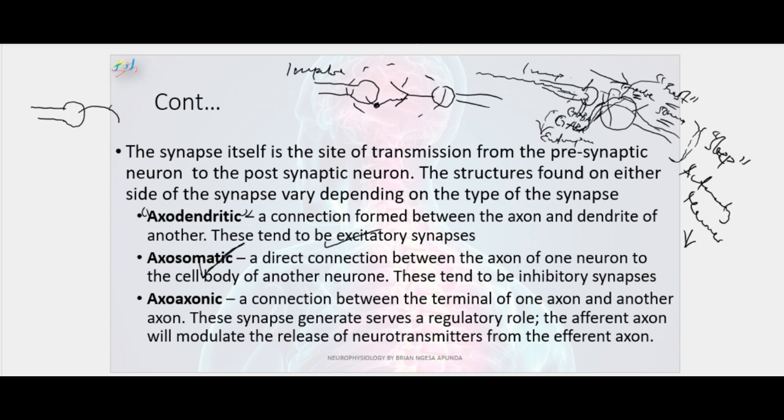So at the axonal end, there's an impulse releasing a neurotransmitter. Let's talk of any neurotransmitter that we know of, releasing things like norepinephrine.